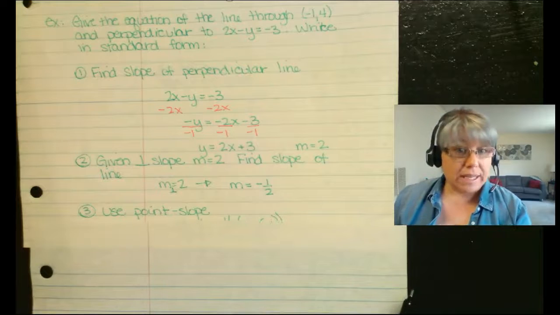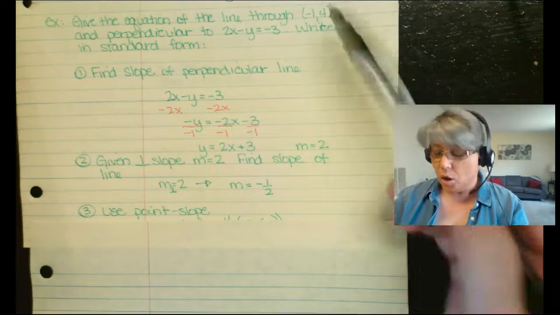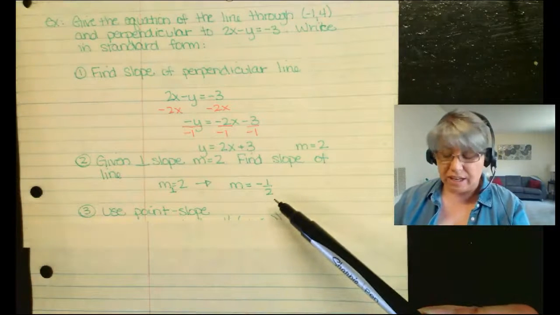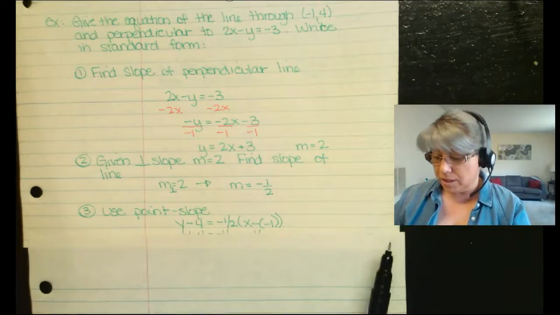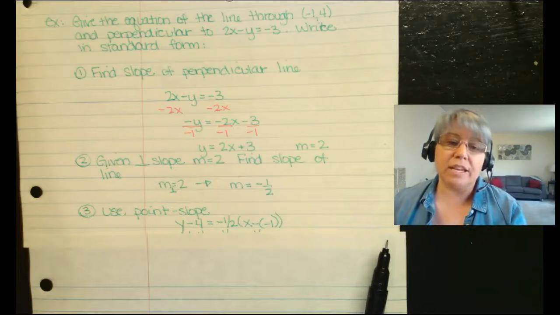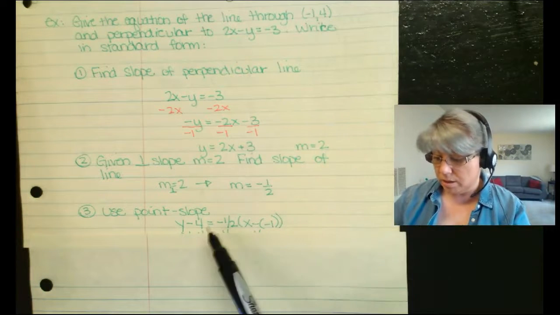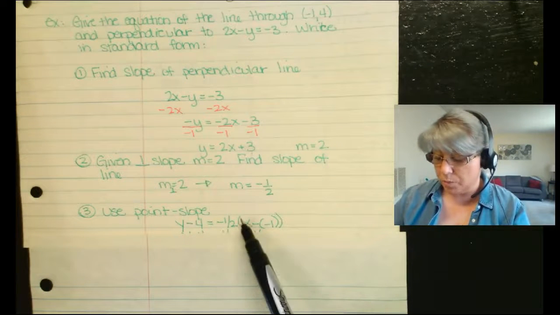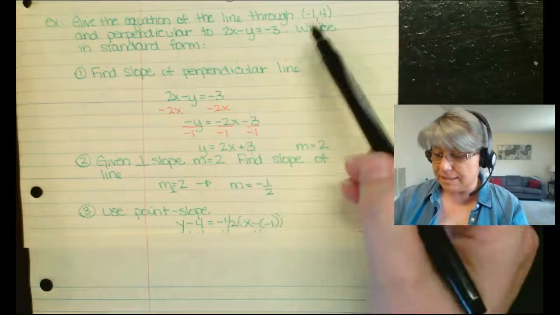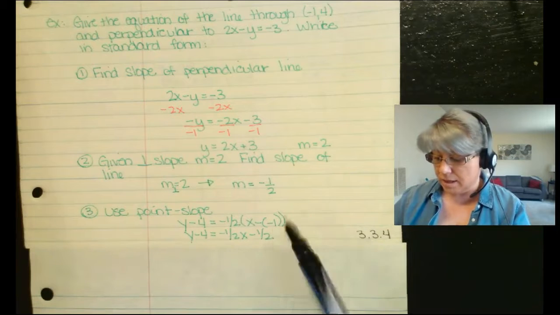Now we're going to use point-slope form because we're given our point of negative 1, 4. We now have our slope of negative 1/2. We're going to put it into our point-slope formula to be able to solve for our equation. So y minus 4 equals negative 1/2, our slope, times x minus negative 1. x minus negative 1 is x plus 1.